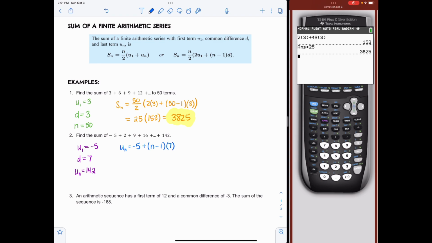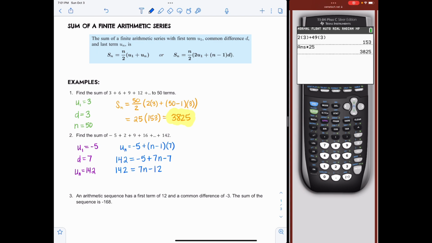We already know that the U sub n that we have is 142. And that will be equal to -5 plus 7n minus 7. I'm going to just go ahead and distribute. And then 142 is equal to 7n minus 12.